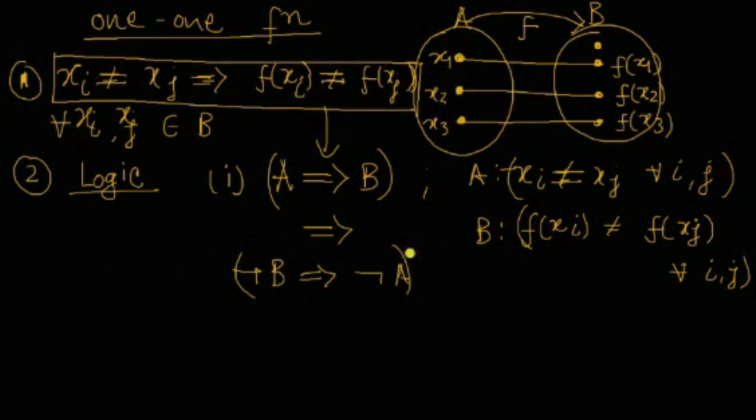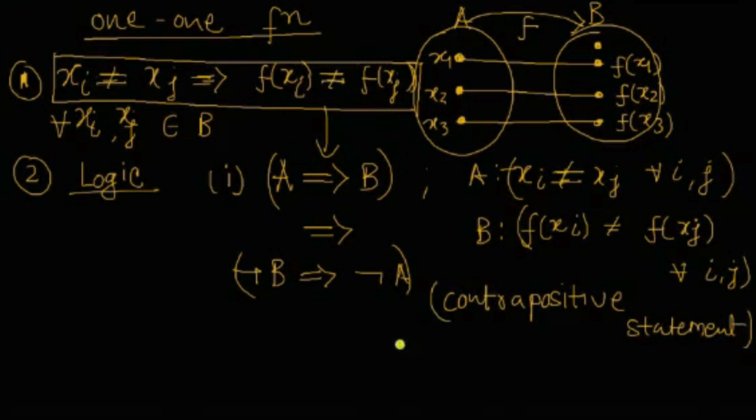This is called a contrapositive statement. It's a very important thing you should know, because sometimes in mathematical induction or any other kind of proof, you might find that a particular statement is very hard to prove, but the negation of that statement can be easy to prove.